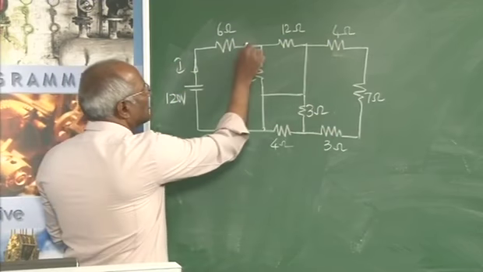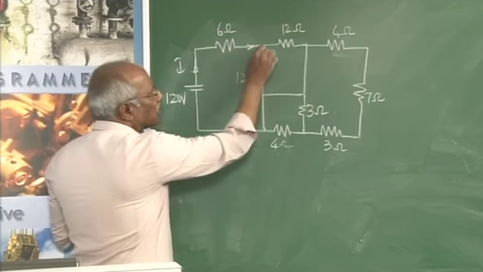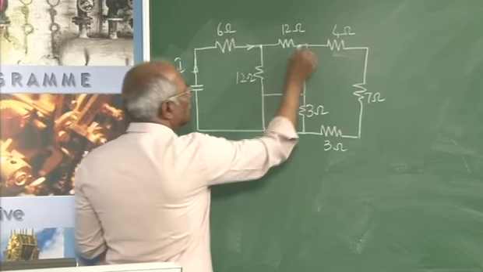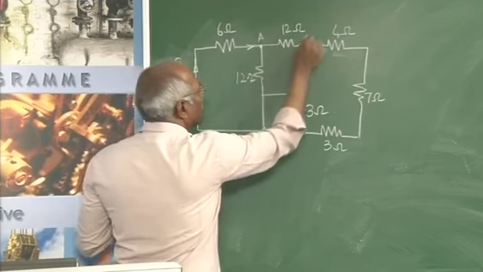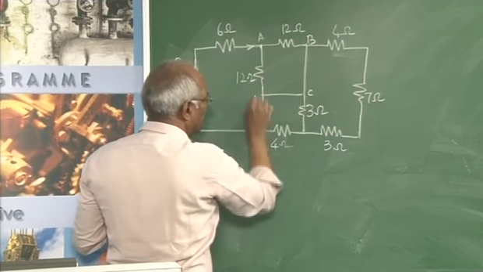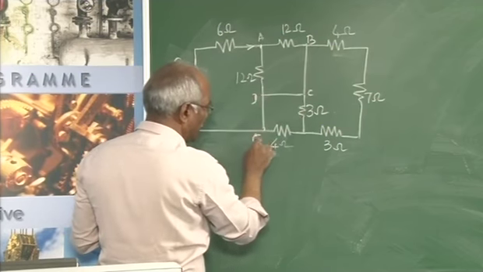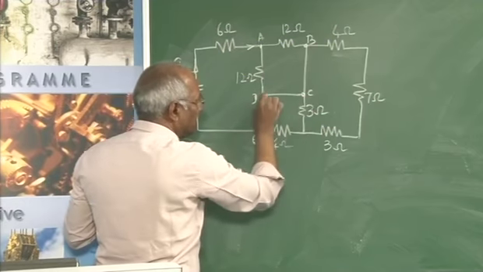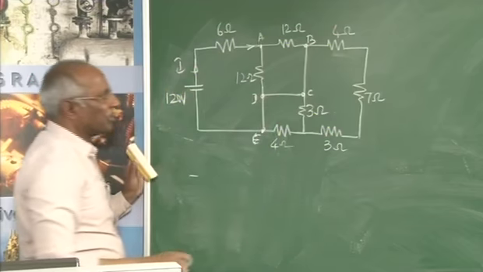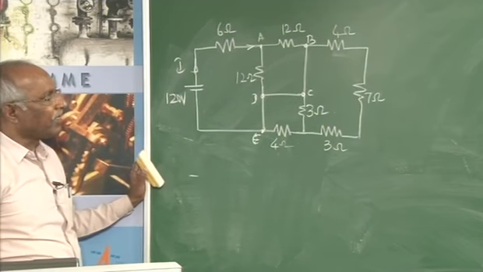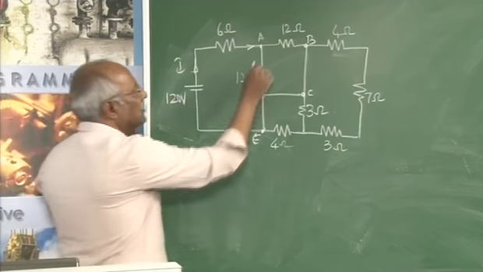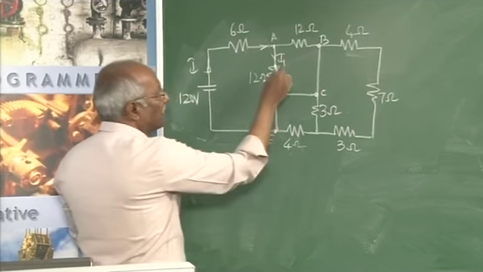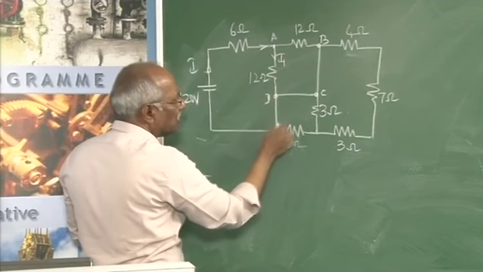As the current comes here, what happens? Because of this junction, the current divides itself. If I call these points A, B, C, D, E, we'll observe points B, C, D and E are at the same potential. Some current divides here, let us say I1, and that goes this way because it's the lowest path.